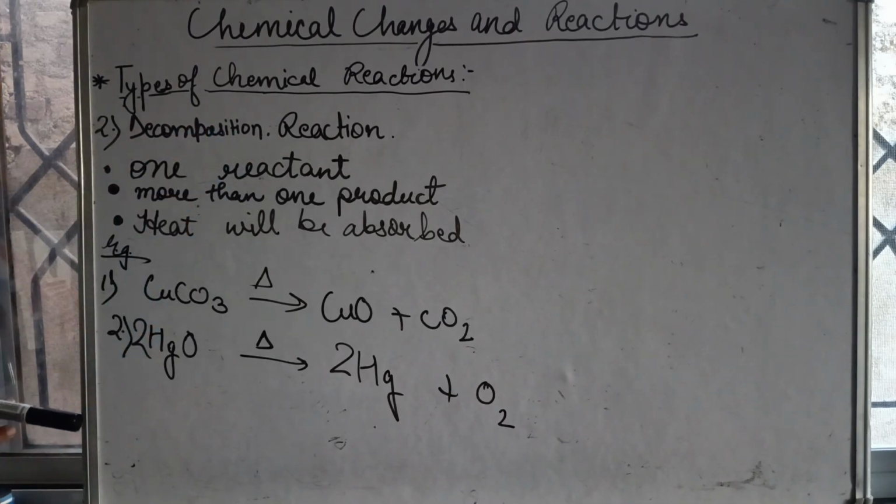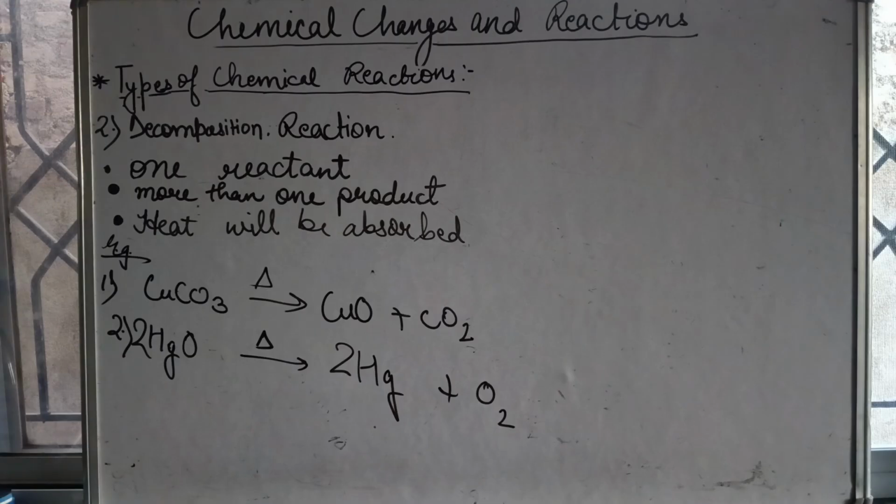Basically, decomposition reaction is that there is a group of anything and we are separating it. Suppose there are two friends, so they'll work with togetherness, with unity, and always be together. But we are separating them. For separating, we'll require some energy.